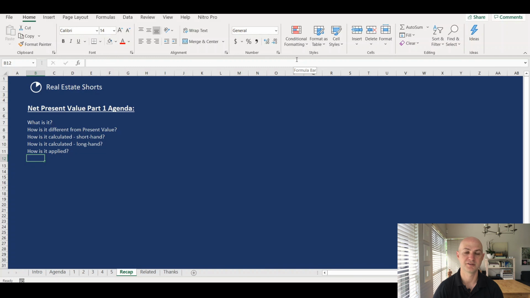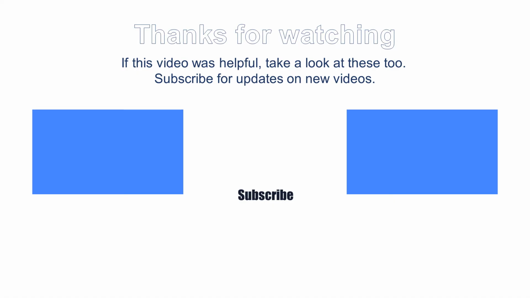If you're going to default to Excel, realize that the NPV function estimates present value, not net present value, and you'd still have to deduct that initial cost. And finally, how is it applied? It's applied in a couple different contexts. So what is it worth? How much should I pay? Two different concepts. And finally, what is the lender going to answer for that same set of questions so that they can determine how much to lend?